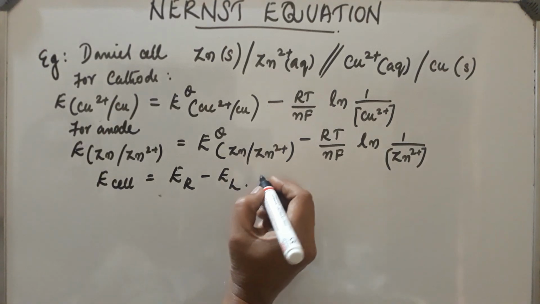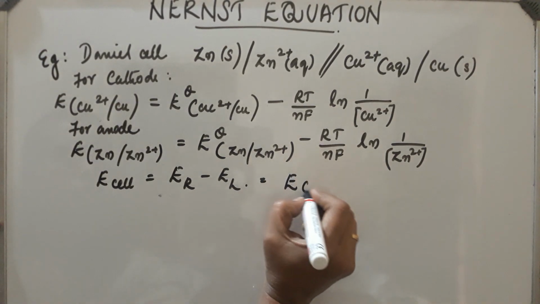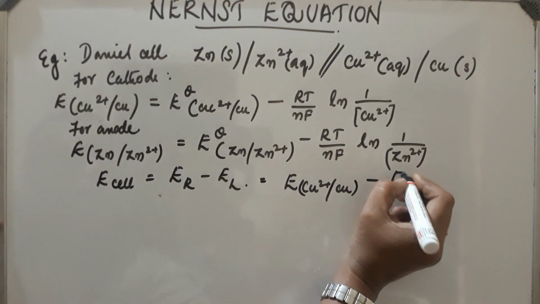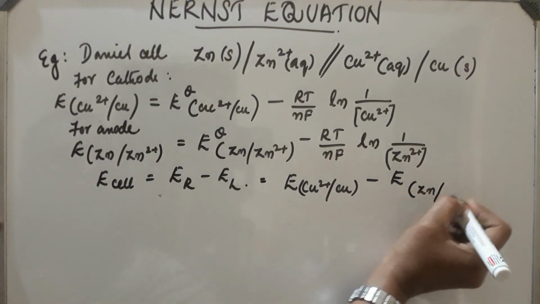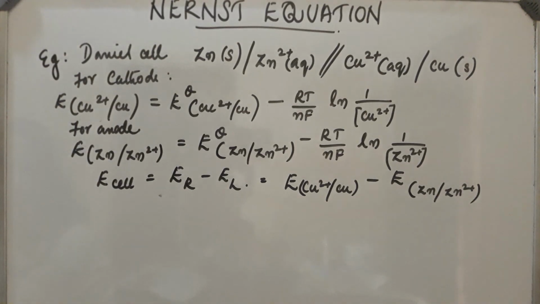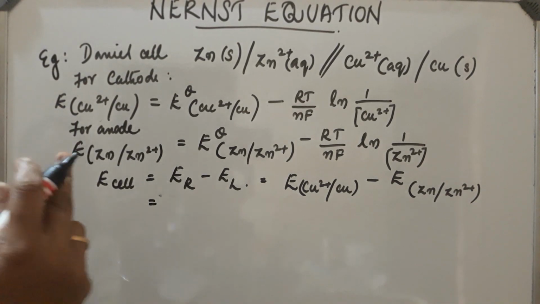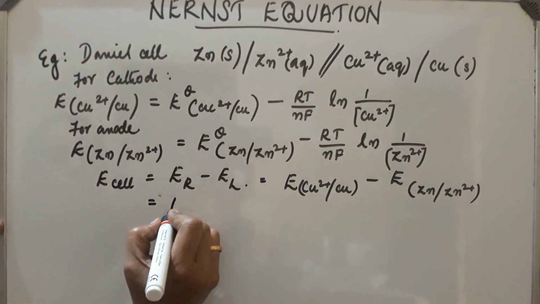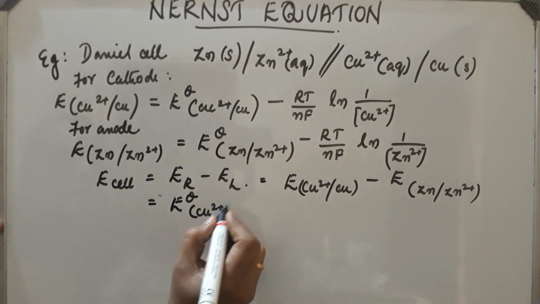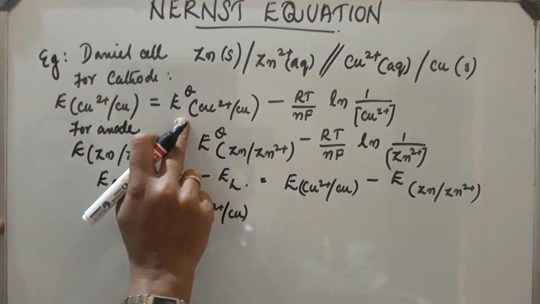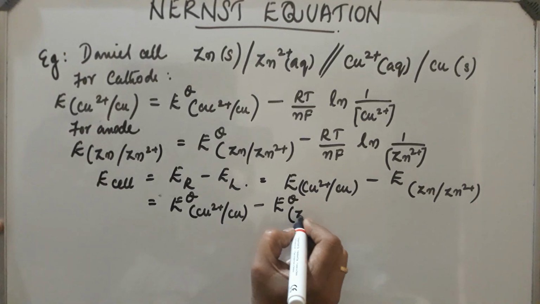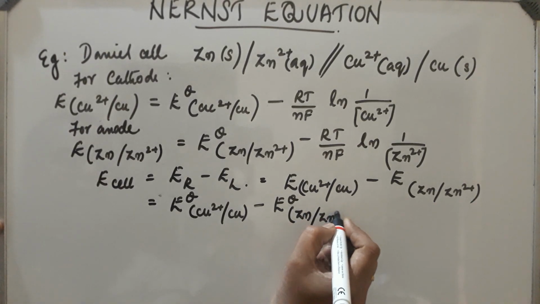So, this will be equal to the electrode potential of copper minus the electrode potential of zinc, like this. Now, how can we write this? The standard potential of Cu2+/Cu minus the standard potential of zinc.